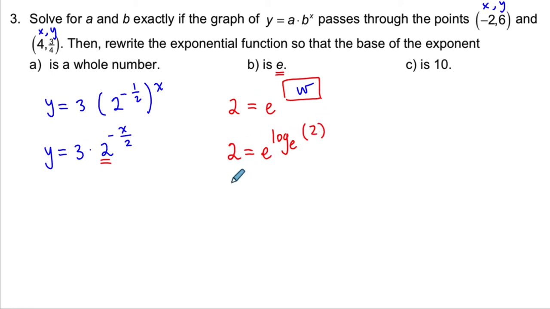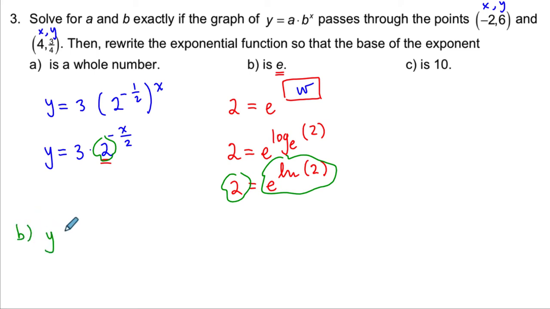But log base e can be written as ln, so we're going to get e to the ln, or natural logarithm, or ln as I pronounce it, of 2. And so now I can replace 2 with all of this, and I can put it in here. So for part B, I would express the answer as y equals 3 to the something to the negative x over 2.